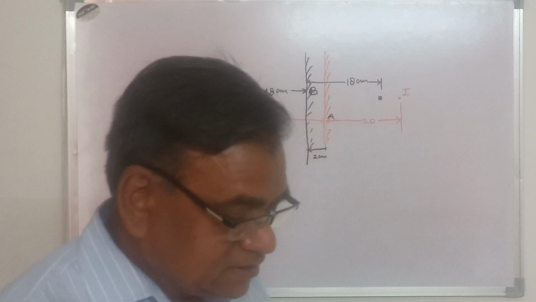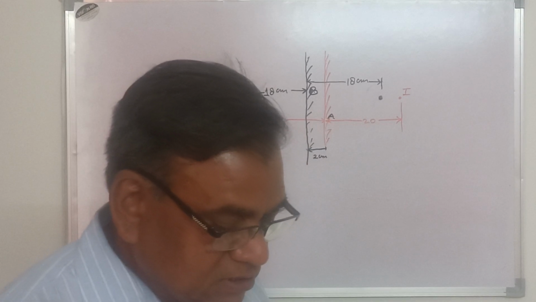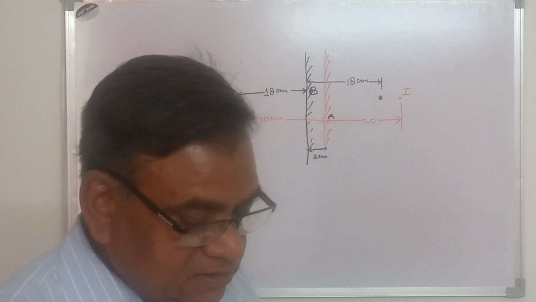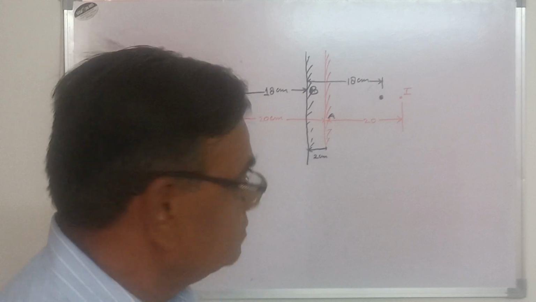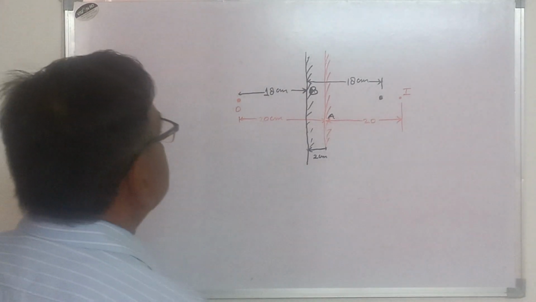The distance between the position of original and final images seen in the mirror.